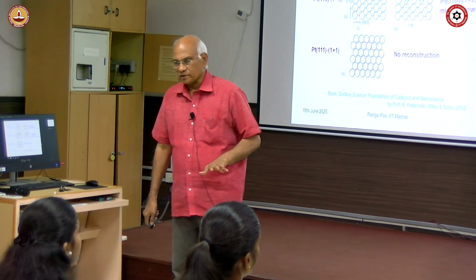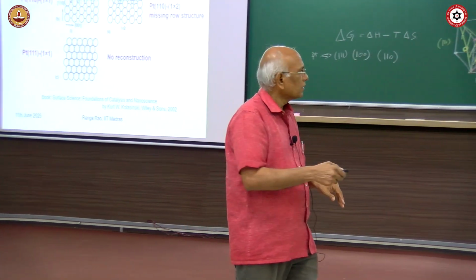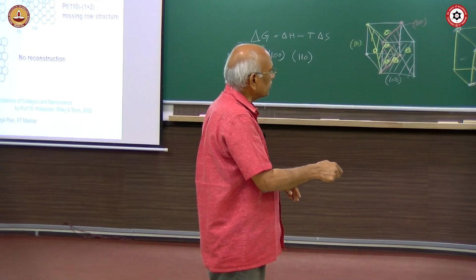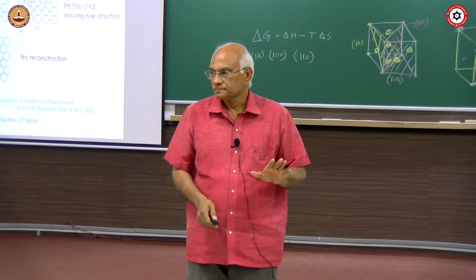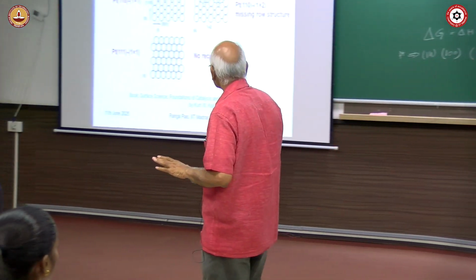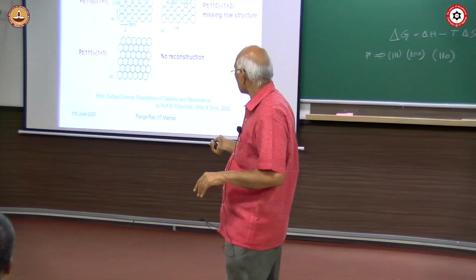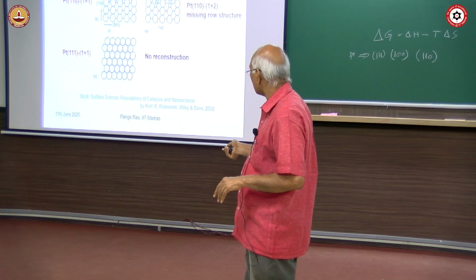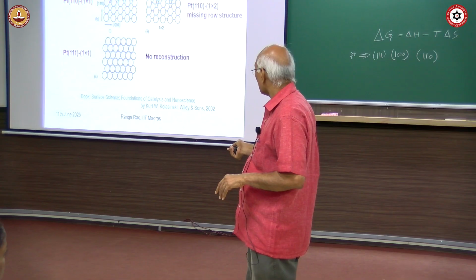There are also other metals where one row is fully missing. So this surface is more stable. Come to platinum 111. Platinum 111, as I told you, has hexagonal symmetry. A hexagon is surrounded by six atoms.